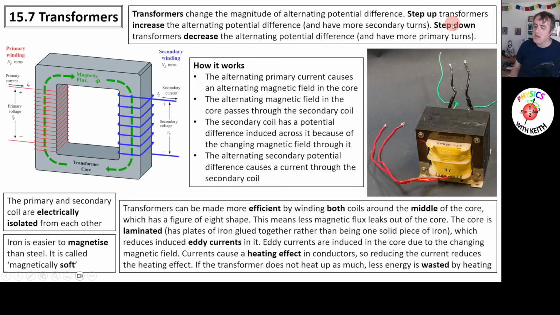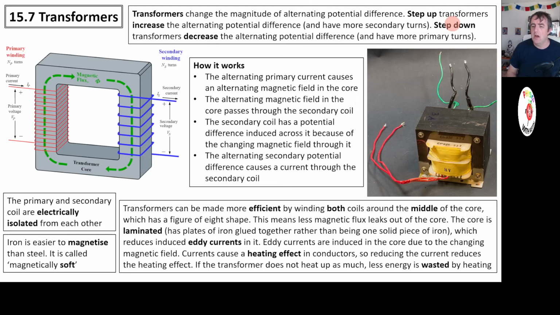And we learned that we need transformers at the beginning of the national grid to increase the potential difference, to reduce the current through the wires, to cause less of a heating effect in the wires, so we get higher efficiency energy transfer to our home. And then before our home, we need to step down to increase the current again and decrease the potential difference to safe levels.